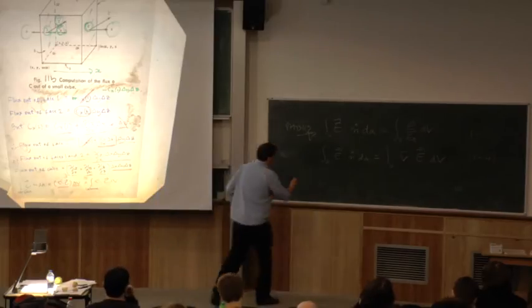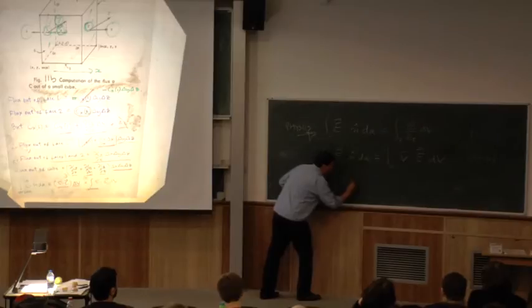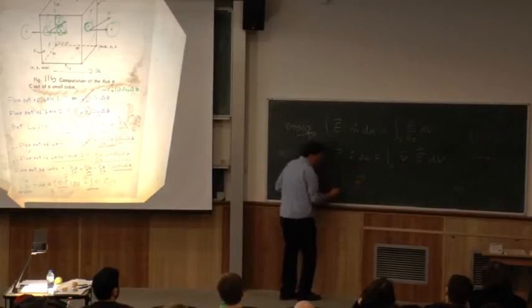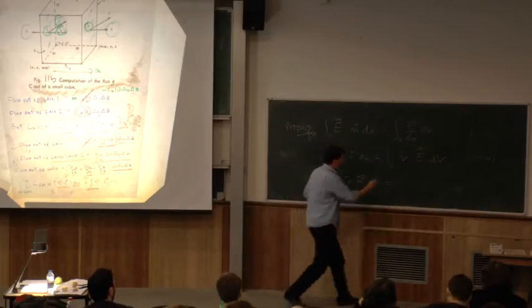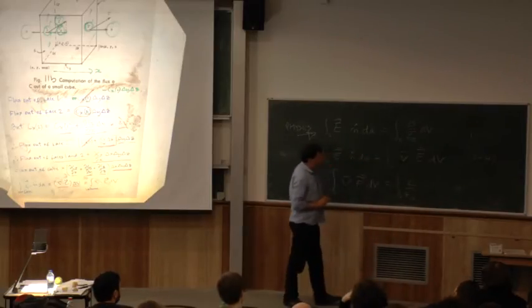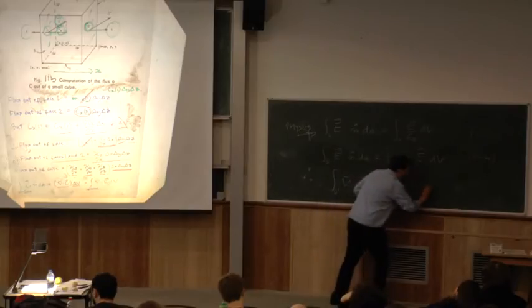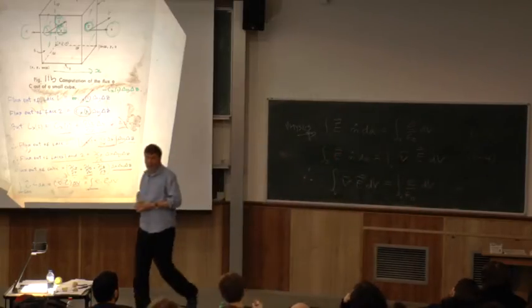So we've therefore got that the divergence of the electric field integrated over any volume in space is equal to the volume integral of the charge density over epsilon naught integrated over the same volume.